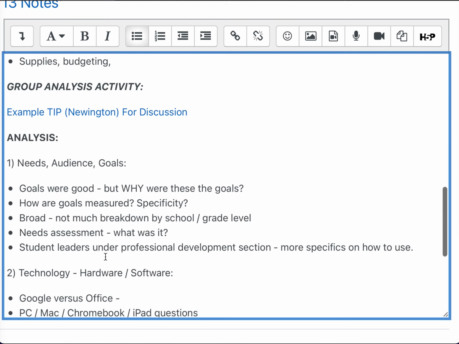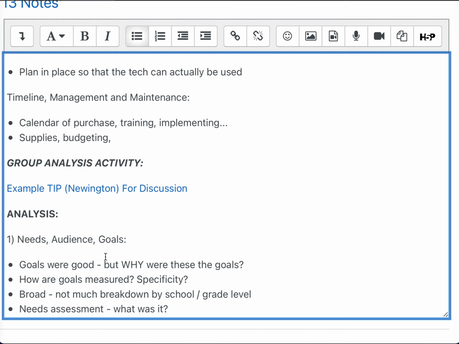So in any case, to defend Newington a little bit, obviously I'm not from Newington. I'm not part of their tech team. This document they may have purposefully set out as kind of like, here is our big umbrella, this is our idea of everything that we want to work on.